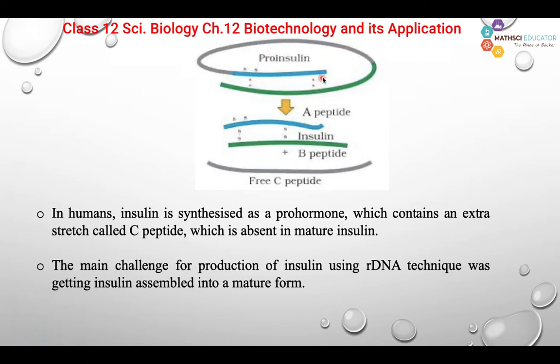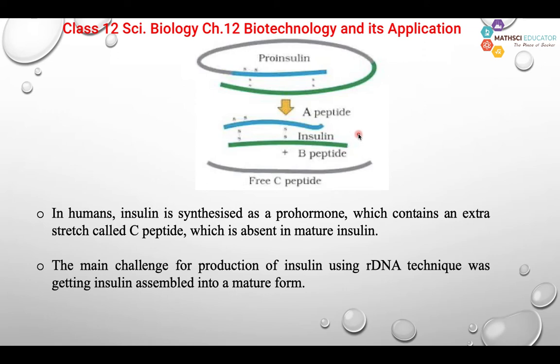This blue color is peptide A, and this green color shows peptide B. Okay, दो तरीके के यहाँ पे पेप्टाइड है, and these two peptides bond with a disulfide bond and create insulin, and then the C peptide is freed. तो ये जो A पेप्टाइड है और B पेप्टाइड है वो दोनों एक दूसरे के साथ using this disulfide bond they create or produce the active insulin.